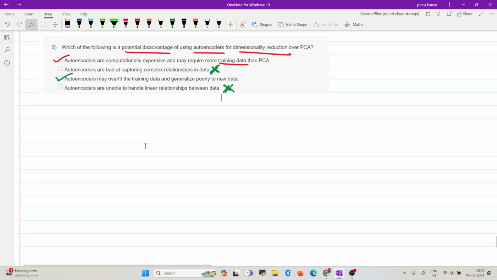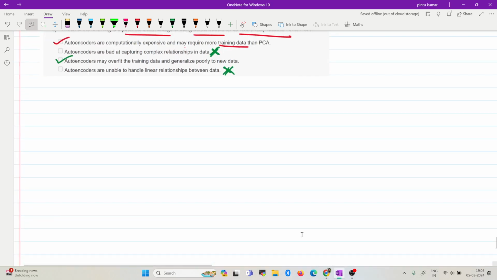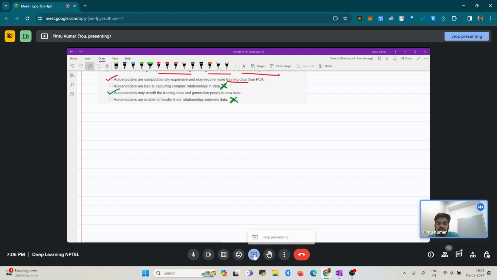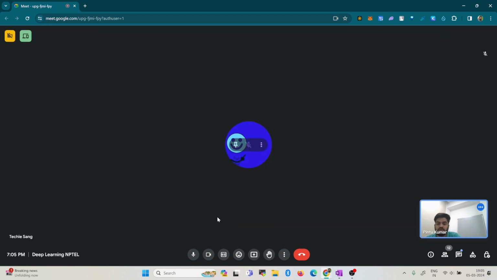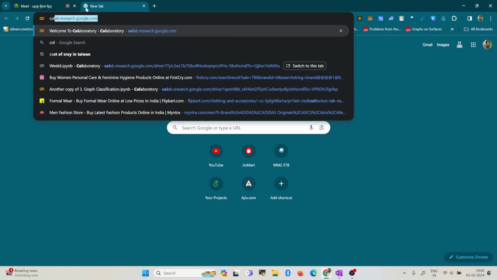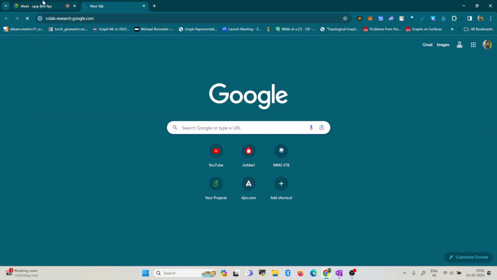Okay, so we are done with this portion. Now we will go for the code, right? We'll try to see a sort of basic code for this autoencoder.